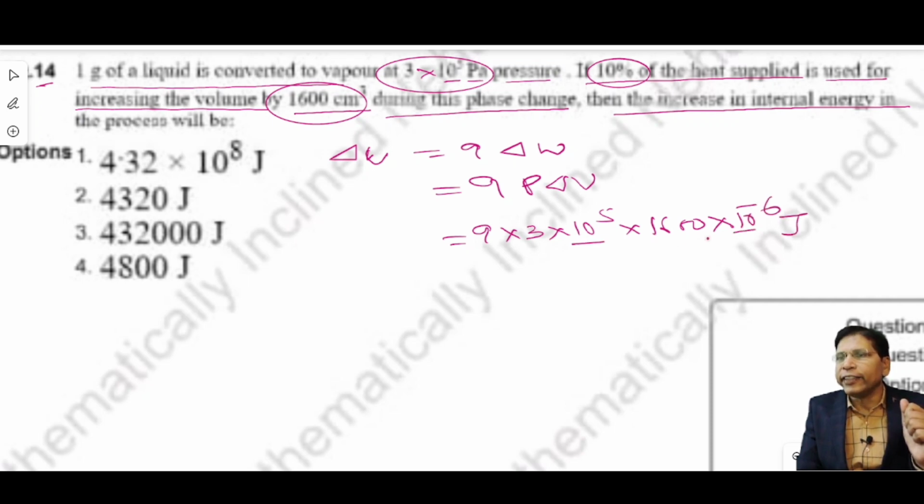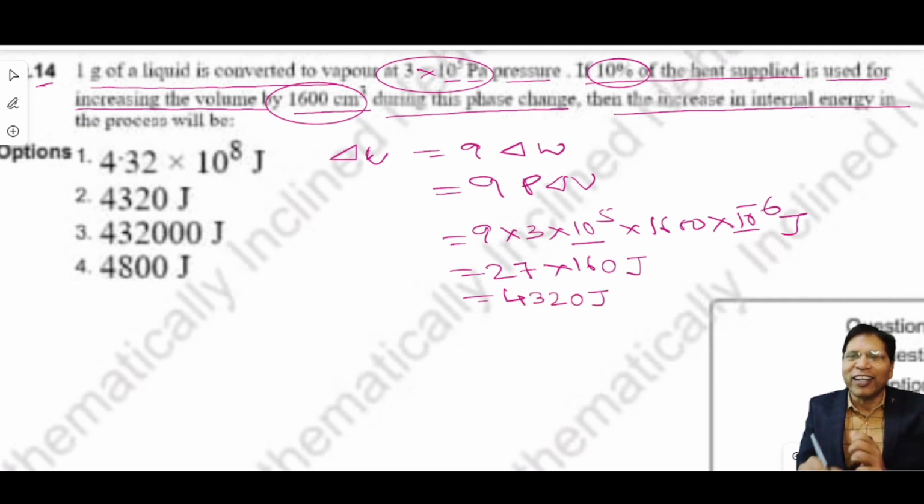Now this and this is 1 by 10. So this is 27 into 160 joule. Therefore, this is 4320 joule. Okay.